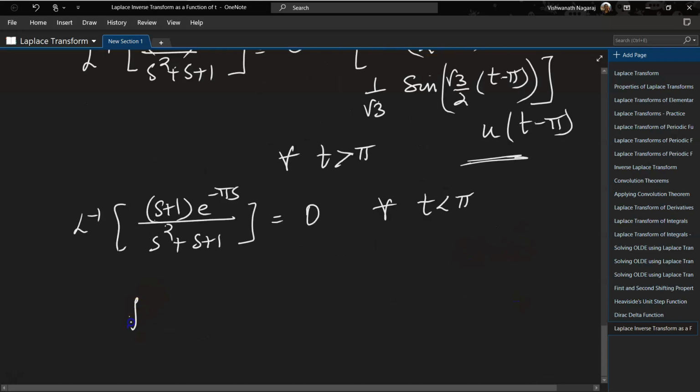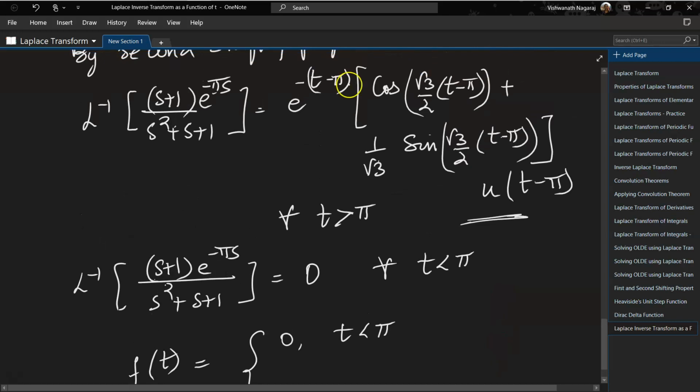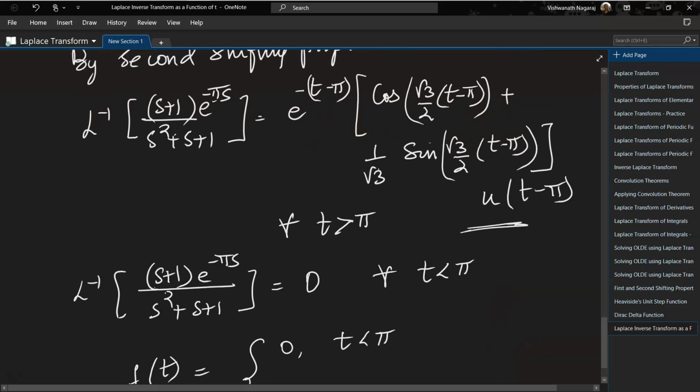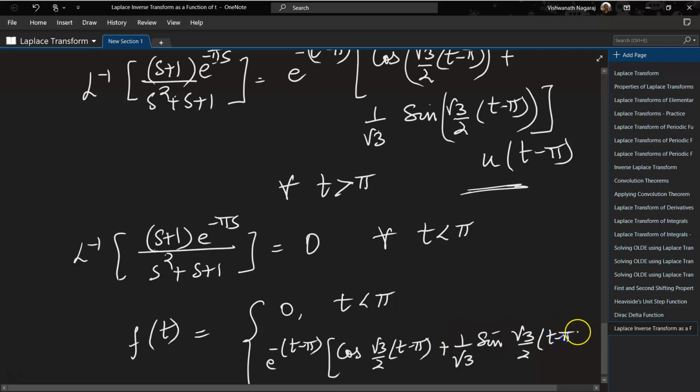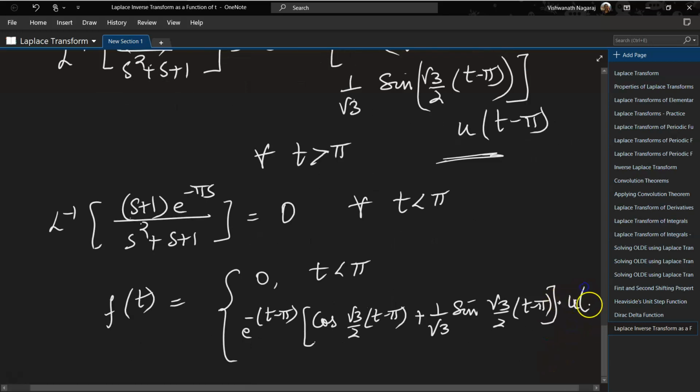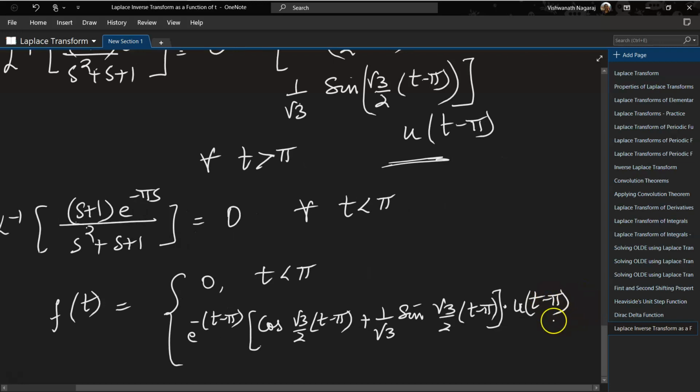So what we can do is we can write f of t is equal to 0 when t is less than pi, and this entire expression, e to the power of minus (t minus pi) cos root 3 by 2 (t minus pi), plus 1 by root 3 sine root 3 by 2 (t minus pi) times u of t minus pi, and this is when t is greater than pi.